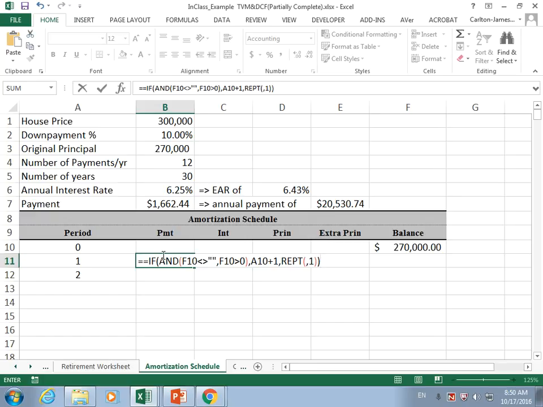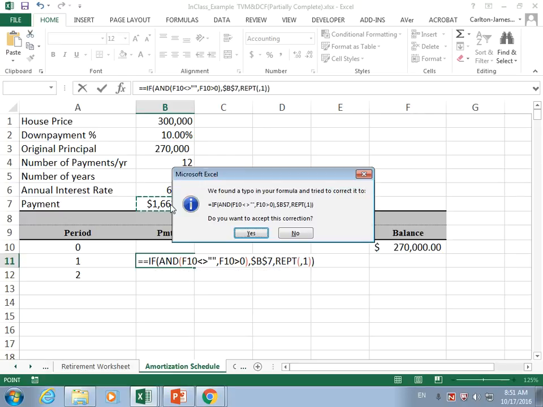I just copied the if statement here because we still want this. We're going to base everything off this balance. As long as the balance is still there, we're going to keep populating the cell. So we'll still keep this here, but instead of here, this is our payment. We know we want this payment to be there. We'll do F4, otherwise we'll keep it blank.